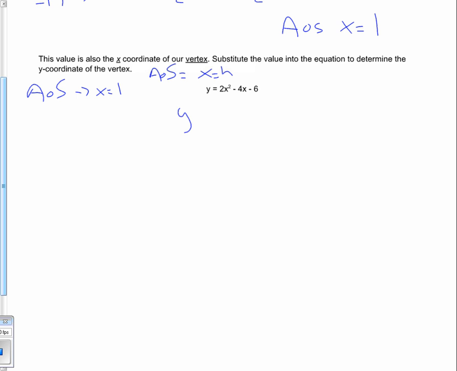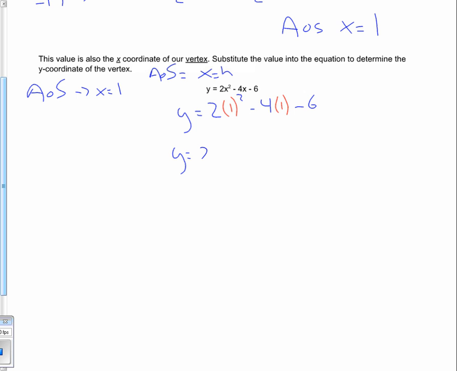So I'm going to end up with y is equal to 2 times 1 squared minus 4 times 1 minus 6. Okay, so I've just substituted in my x values. So now I'm going to solve this. I'm going to use my order of operations, my rules of BEDMAS.